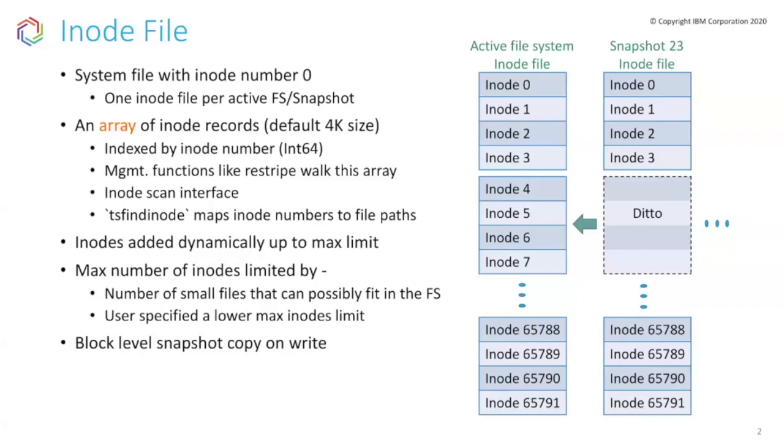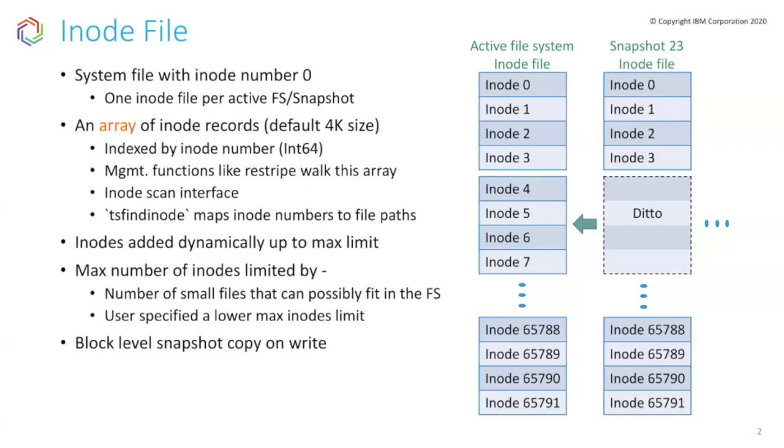So this is basically what the inode file looks like. On the right, you have blocks like any other user file, except these blocks are of metadata block size, something you can configure when you create a file system. You can have a different block size for metadata and data.